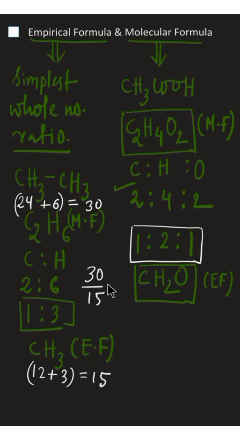What will it be? It will be 2. So the mass of molecular formula divided by the mass of empirical formula will again hold a simple whole number ratio, and that value that is coming, that is 2, is represented with n. So what is the value of n in this compound? For ethane it will be 2 only.